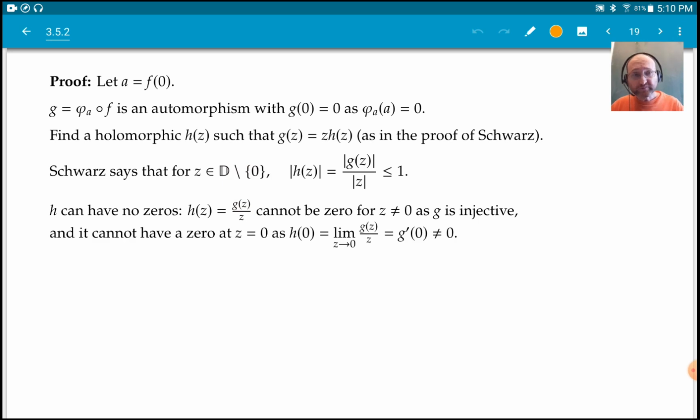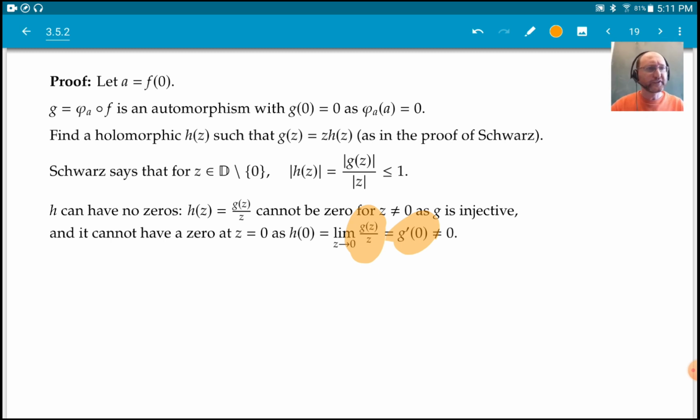Now, why is h of 0 non-zero? Well, h is holomorphic, so it's continuous, so h of 0 is the limit of its values as we tend to 0. That limit is precisely the derivative of g at the origin. Now, g is an automorphism.